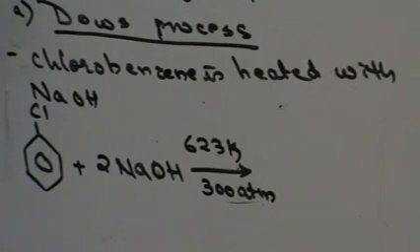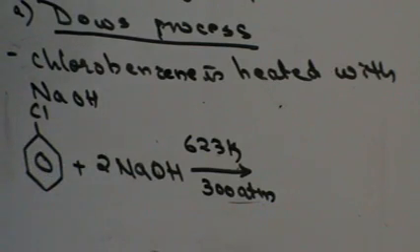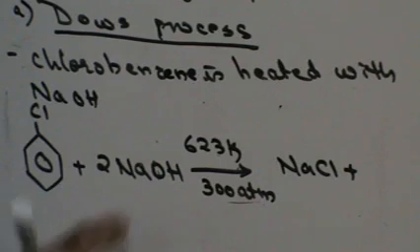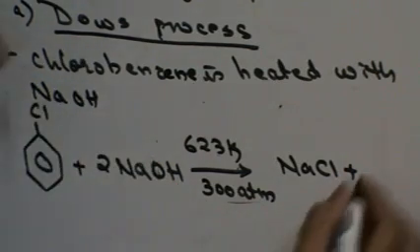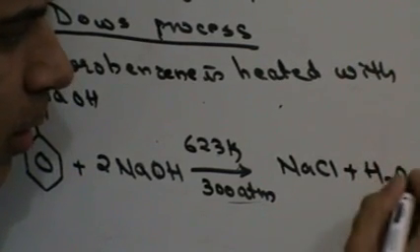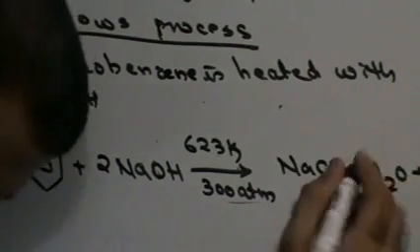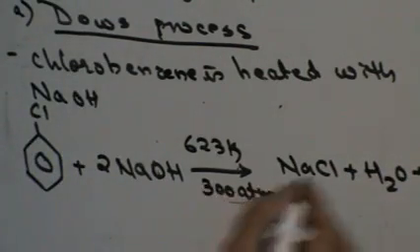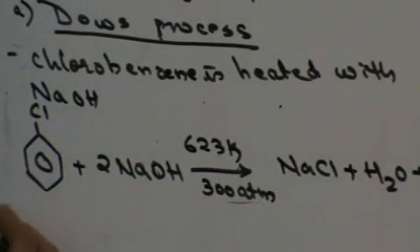You would have a substitution reaction where sodium reacts with chlorine to form sodium chloride, plus OH reacting with H to form water, plus you get O remains and Na remains.